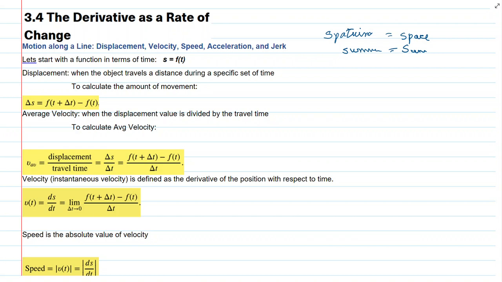High minus low is displacement. And average velocity, we did this as an average earlier. It's the displacement divided by travel time. So that means the destination minus the start divided by the amount of time that has transpired.